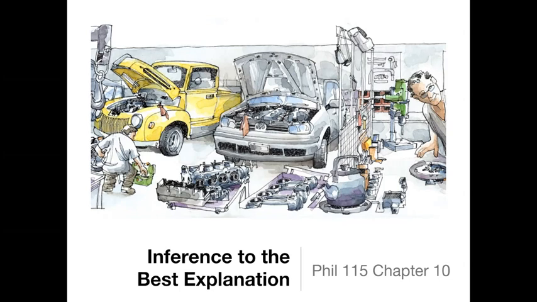But nonetheless, it's certainly important to talk about inference to the best explanation and its role in conspiracy theories, which increasingly and unfortunately has become a major part of American discourse. And so it's also very fitting to talk about conspiracy theories in tandem with chapter 10. So I'll hit some of the highlights of the chapter here, but we'll also keep the idea of conspiracy theories in the foreground as we go through this chapter.